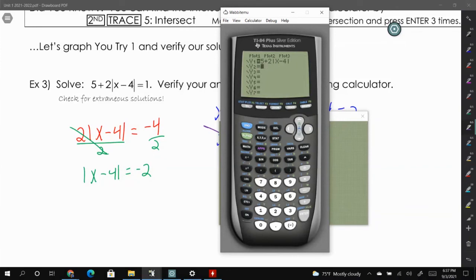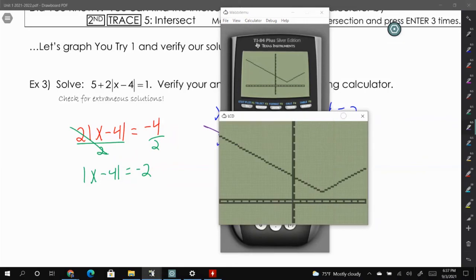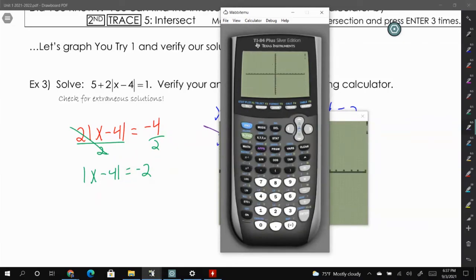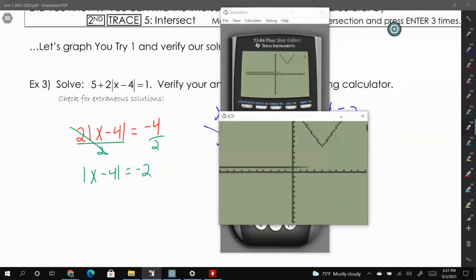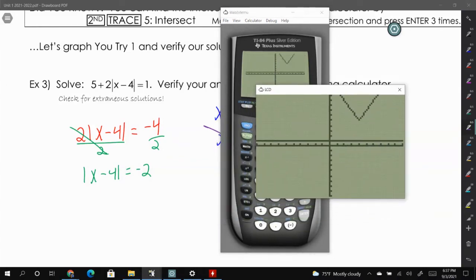And then the second equation would just be 1. And when we graph this, we should see that these two do not intersect at all. See, there's no intersection point there. And we can kind of zoom 6, or standard window, to see that.